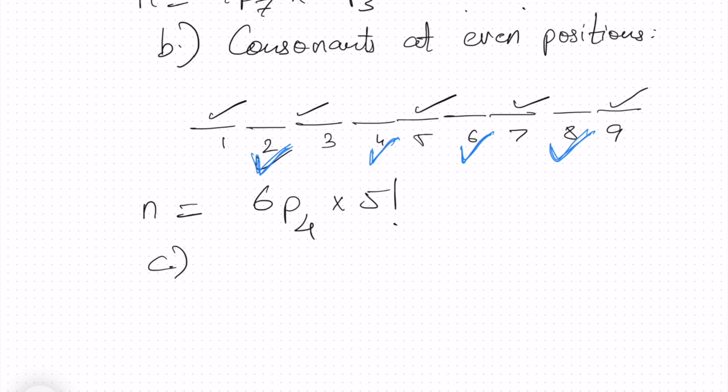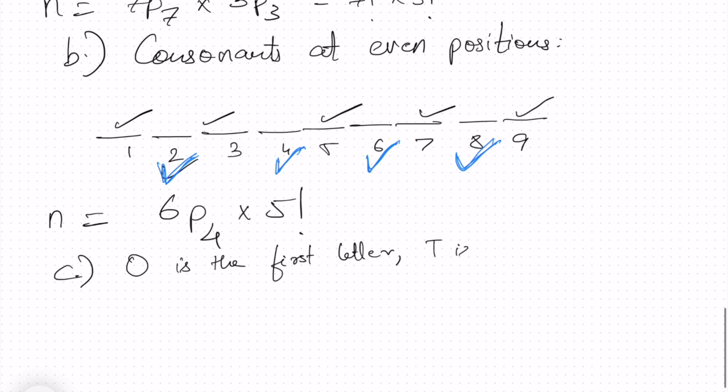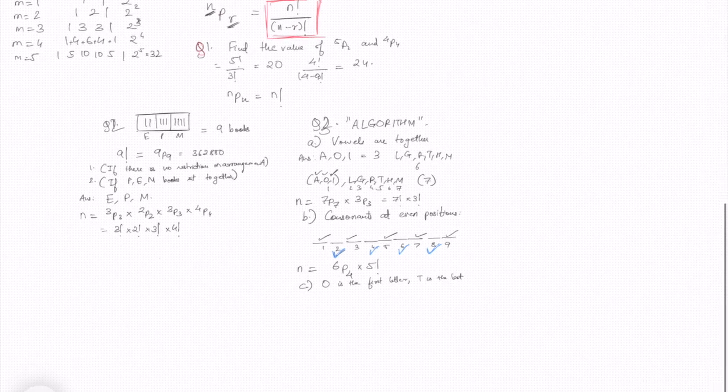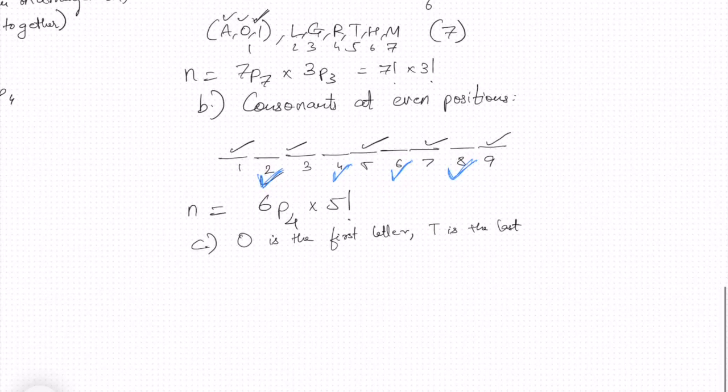Another case is O is the first letter, T is the last. What can I do here? The easiest solution to this is just place O and T in the positions that are required.